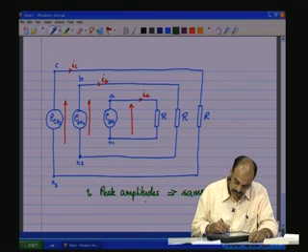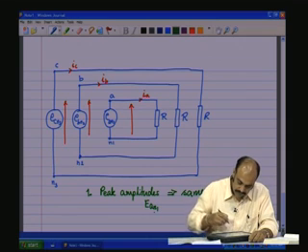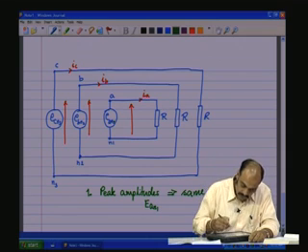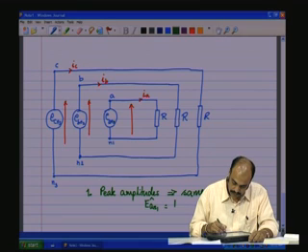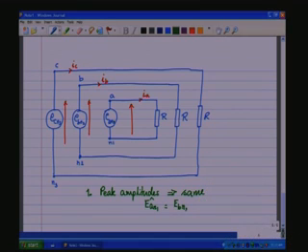That is, EAN1 peak will be equal to EBN2 peak, equal to ECN3 peak.